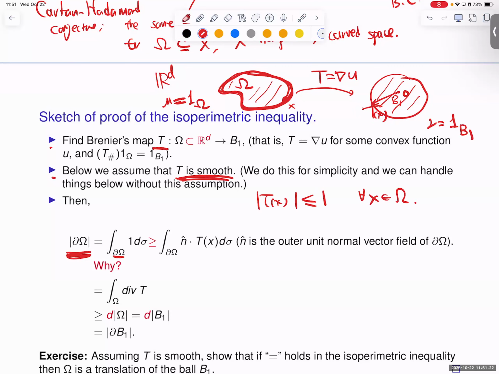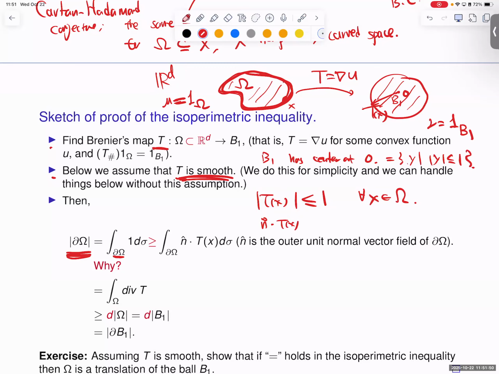Because B1 has center at the origin, and B1 is by definition all the y whose norm is less than or equal to 1. So T(x) has norm less than or equal to 1. Okay, because of that, this n dot T(x).